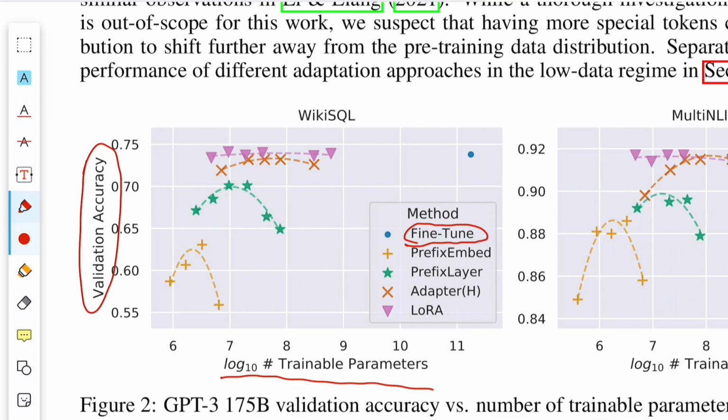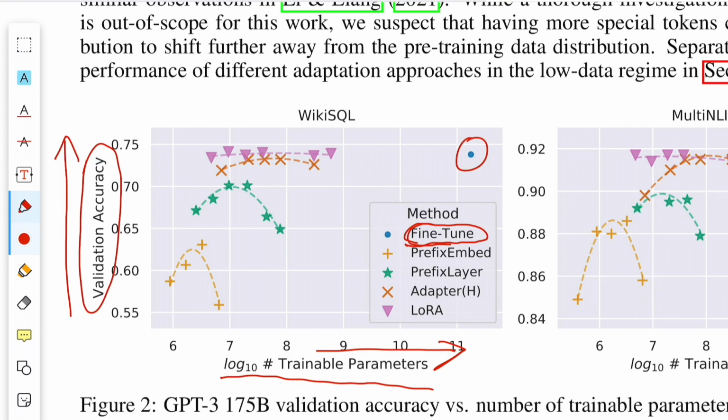That means as we go right, the model gets bigger. And the y-axis is validation accuracy. When we go up, the accuracy is better. As you can see, the fine-tune method is here.